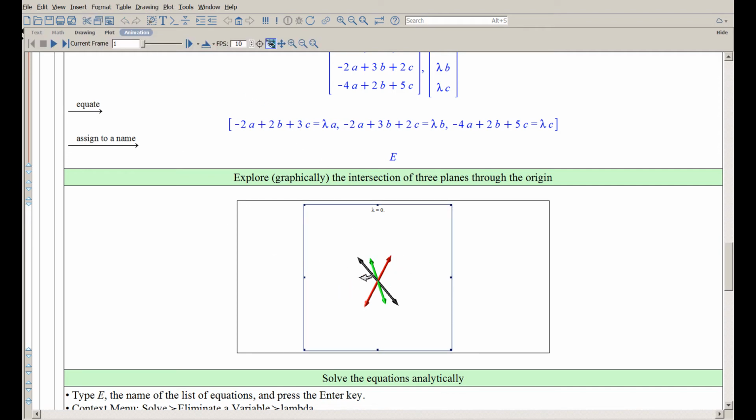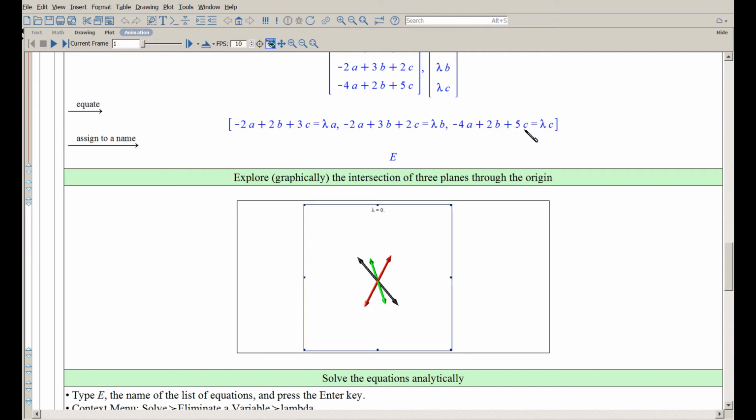So what these double-ended arrows represent are the lines of intersection of planes taken pairwise. So if I were to graph this equation, I would have a plane, but it would be parametrized by the value of lambda, so the plane would move around depending on this value of lambda, but the plane passes through the origin.